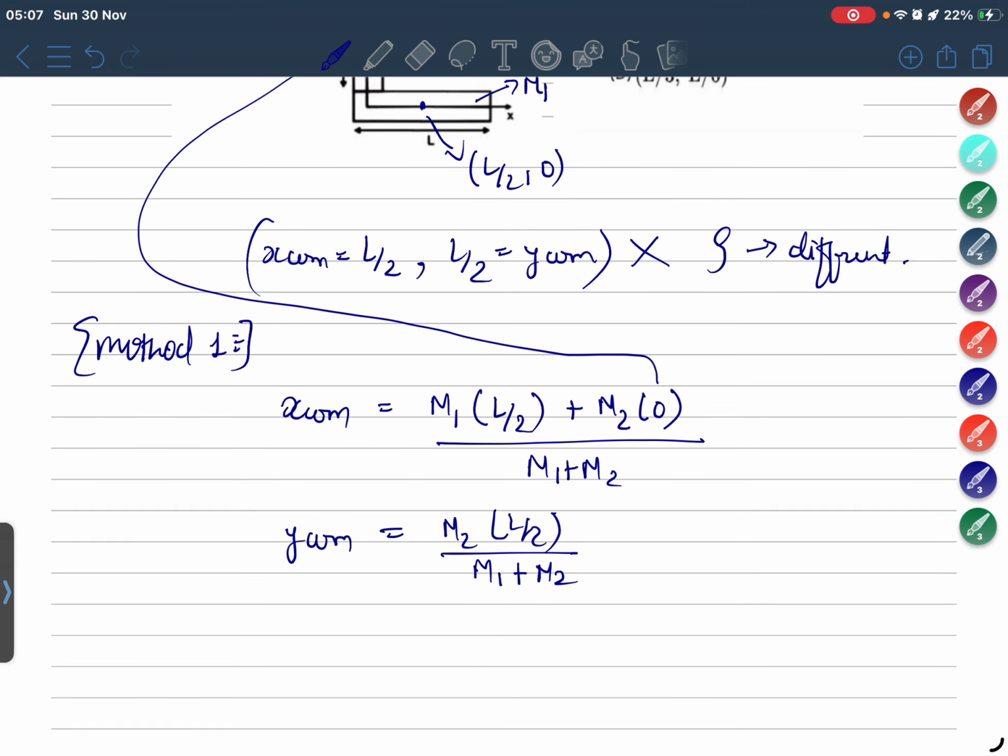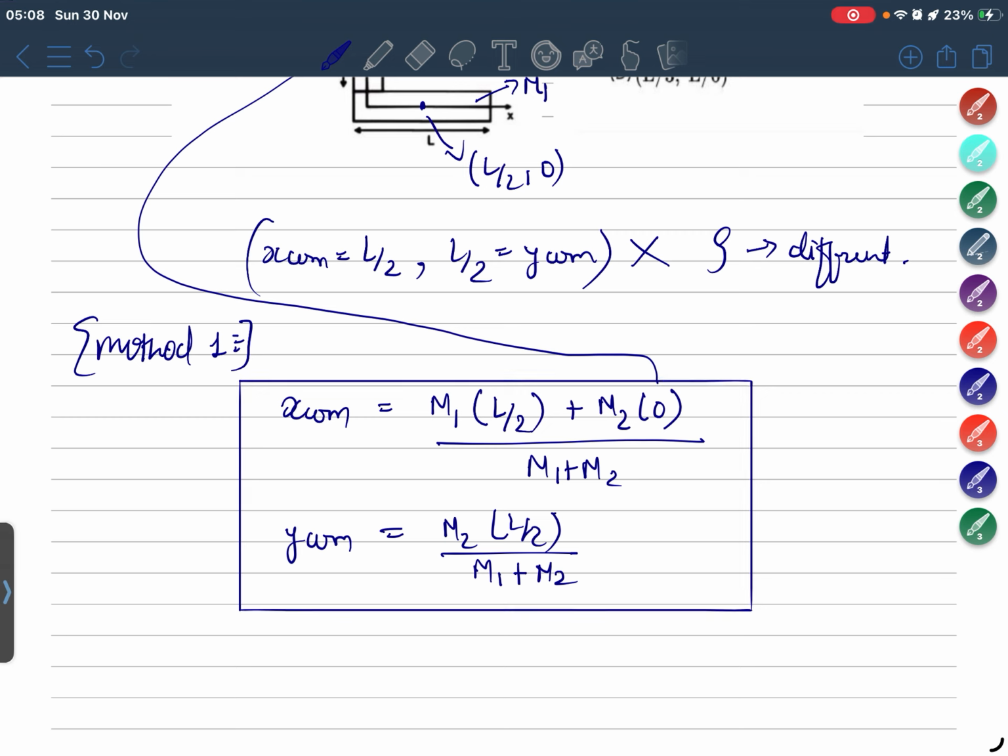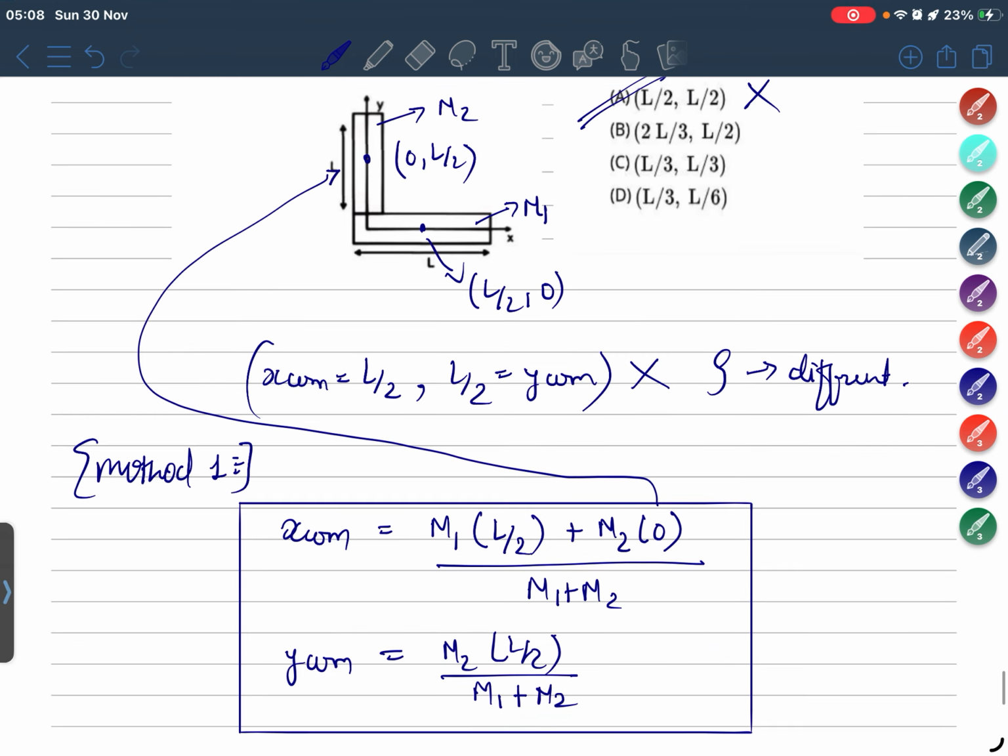Alright, so from here now how to proceed further. I know some of you came to this conclusion that this should be the center of mass, but you didn't know how to find the exact option.